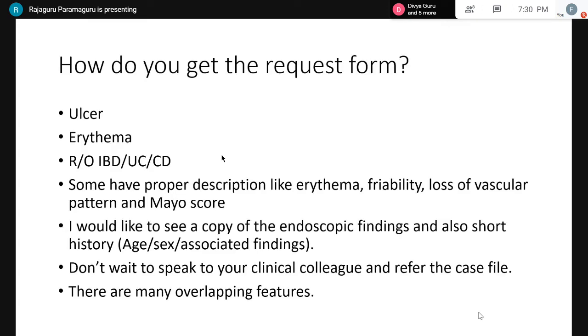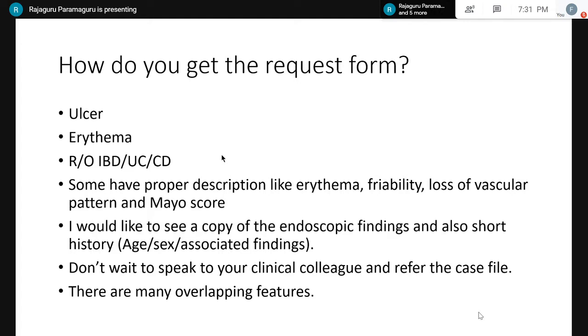Within the colon and rectum, including the terminal ileum, usually we get the request form something like this: endoscopy shows an ulcer, patient has abdominal pain, biopsies to rule out IBD, or erythema in the colon to rule out IBD. But some gastroenterologists give a better description of the endoscopic findings, like erythema, friability, loss of vascular pattern, with a Mayo score, that is the endoscopy activity score.